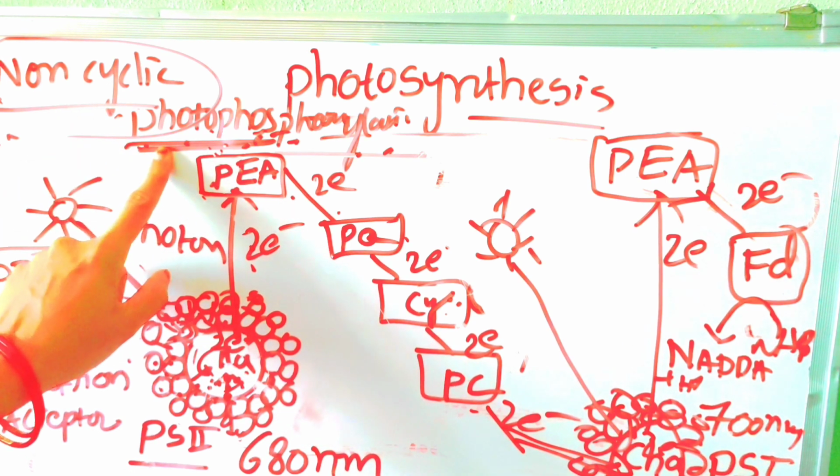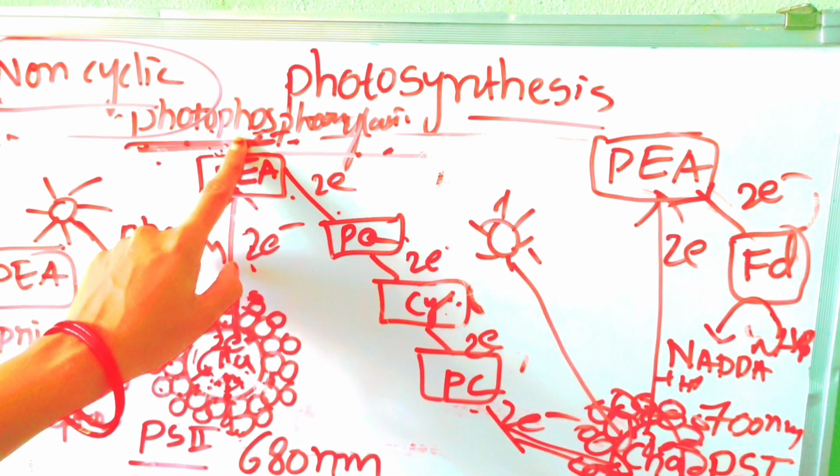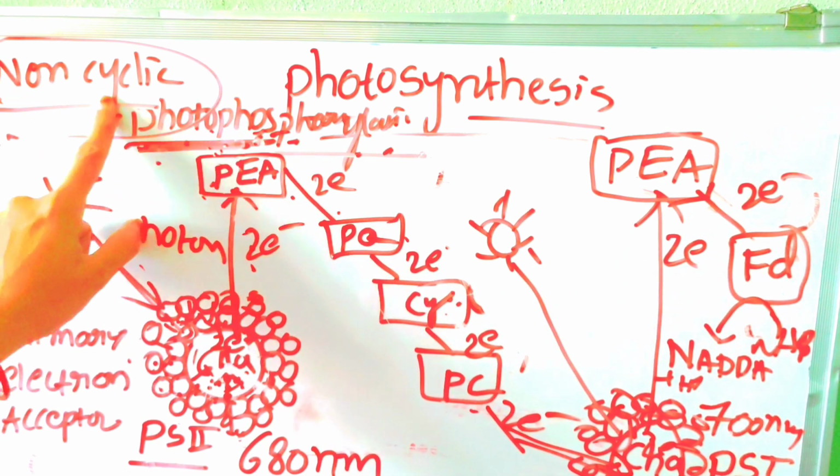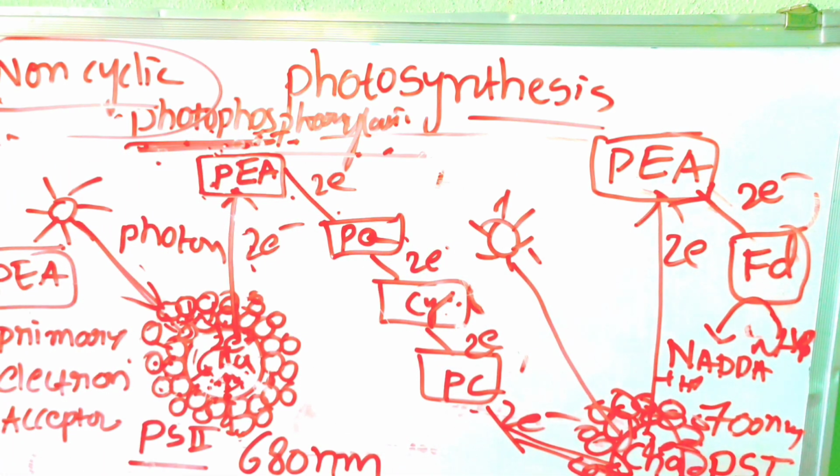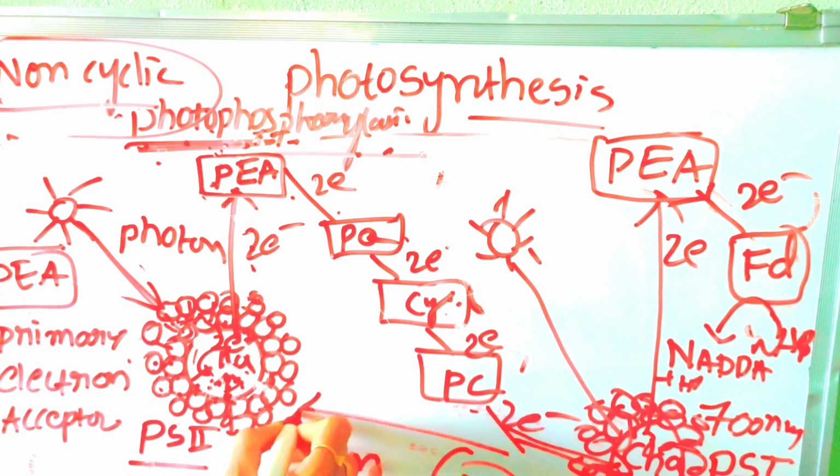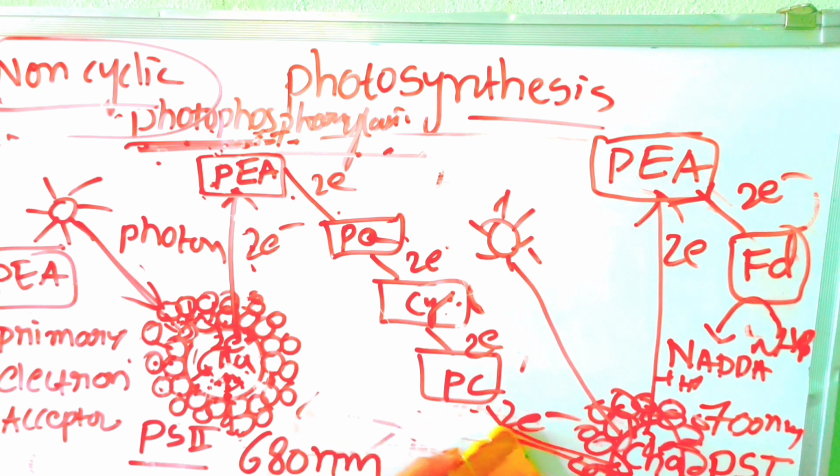In the presence of light, photo; synthesis of phosphate, phosphorylation. Non-cyclic photophosphorylation, because the electrons never come back into the reaction center.